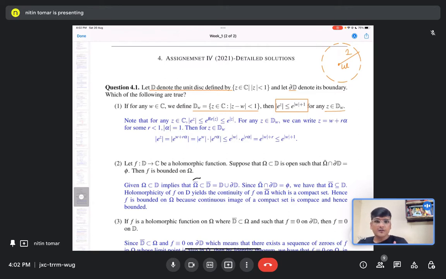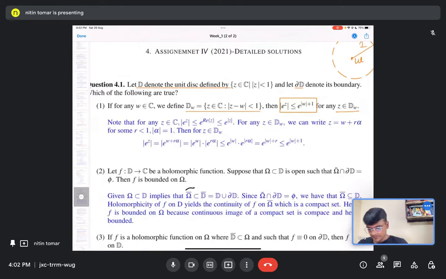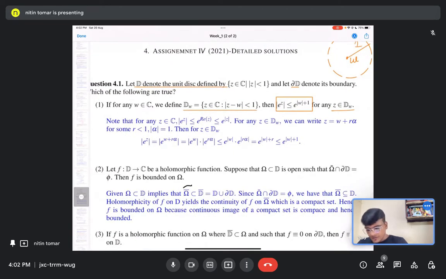Now first of all, I hope we know all of this. There is this one inequality. If you take any e^z, now how does e^z look like? It looks like e^(real part of z) times e^(iota times imaginary part of z), right?